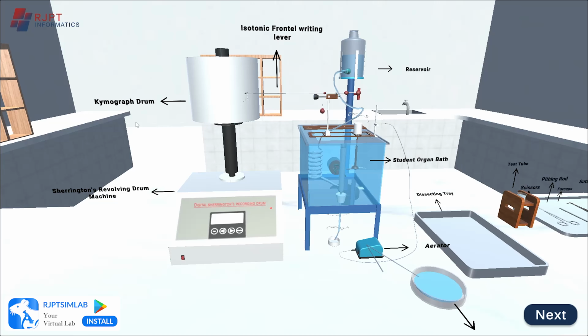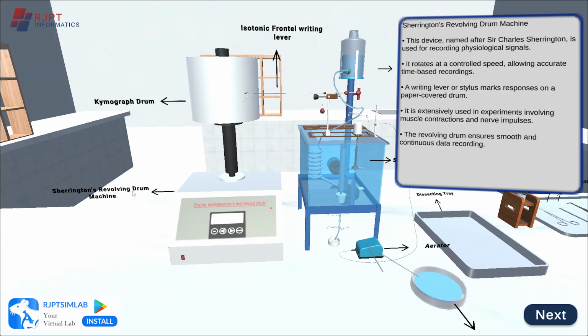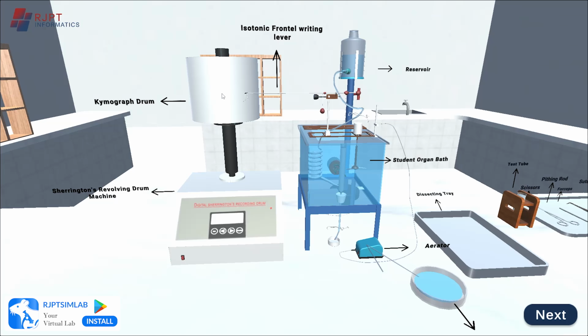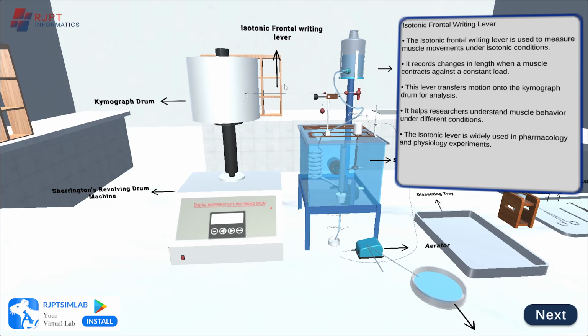We have a kymograph drum. The kymograph drum is connected to a Sherrington revolving drum. The Sherrington revolving drum is a device which is used for recording physiological signals and it rotates and controls the speed, allowing accurate time-based recordings. It rotates the kymograph drum, over which our graph is drawn with the movement of the isotonic frontal lever.